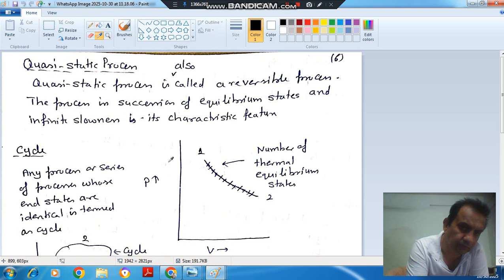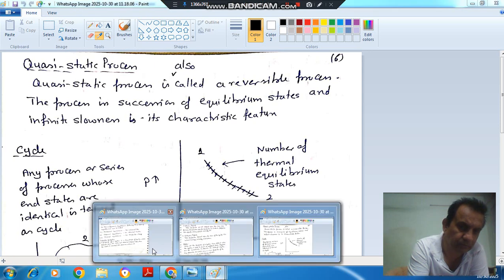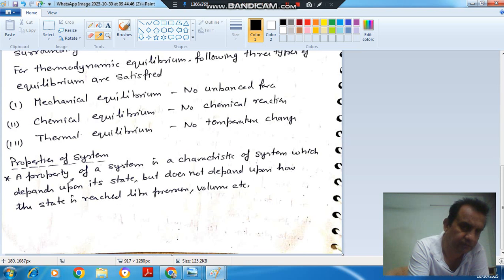Vertical coordinate is pressure and horizontal coordinate is volume. At this point, there is a particular value of pressure and a particular value of volume. This point is called state, and this pressure and volume are called properties of a system. So this defines the property.